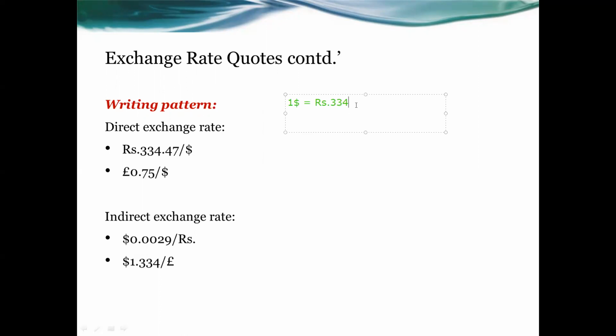Otherwise you cannot write something like rupees 334 equal to $1. This is not the way we express a quotation. This is a way we explain the foreign exchange rate. That means we can express it as $1 equal to rupees 334, or 334 rupees are equal to a dollar.